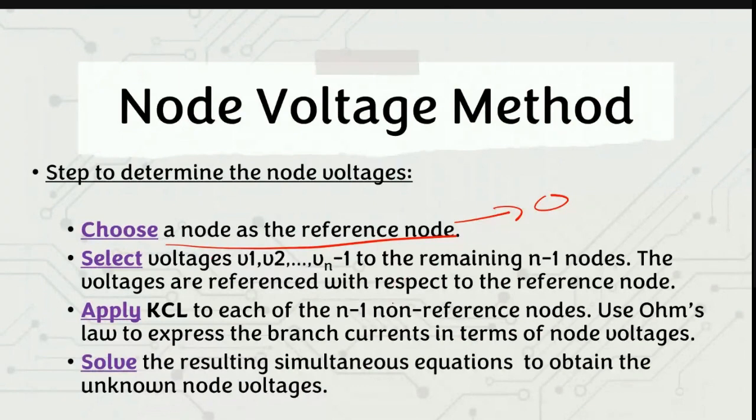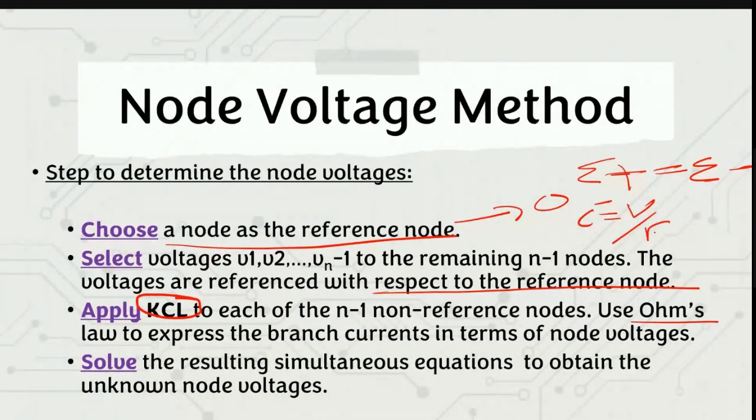The voltages are referenced with respect to the reference node. Then we apply the KCL, where the summation of current entering the node is equal to the summation of negative current, which is leaving the node. Then we use Ohm's law, like I said before, so the current is I equals V over R.